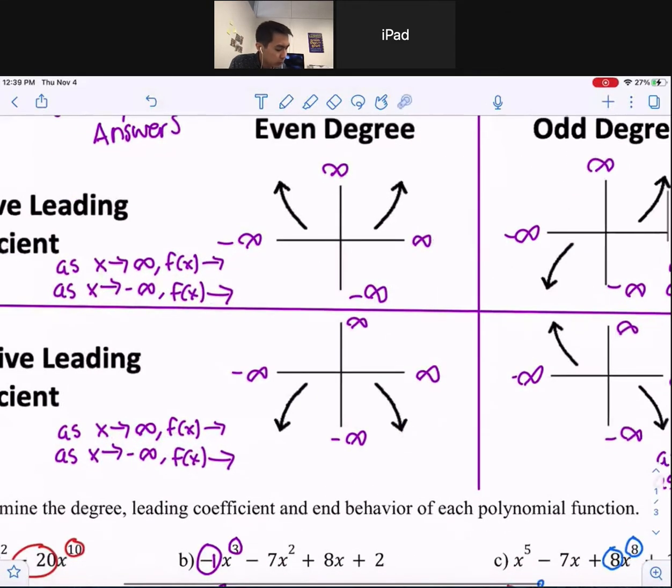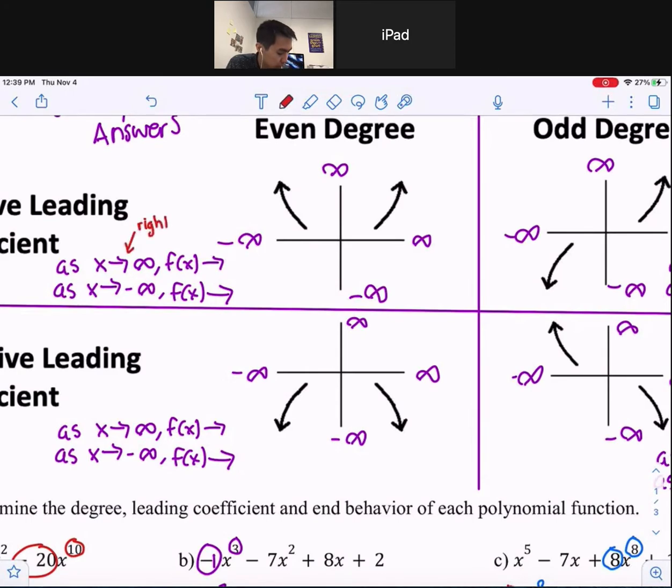So you would all agree that x values only go right and left, right? And f of x, which is y, only goes up and down. So as x approaches infinity, that means you are going to the right.